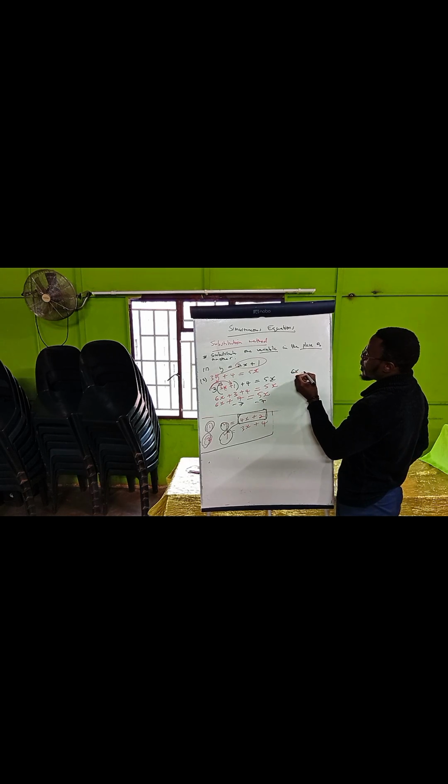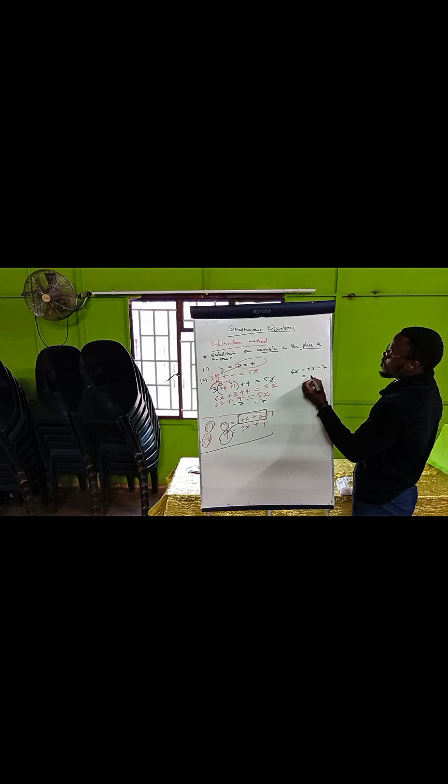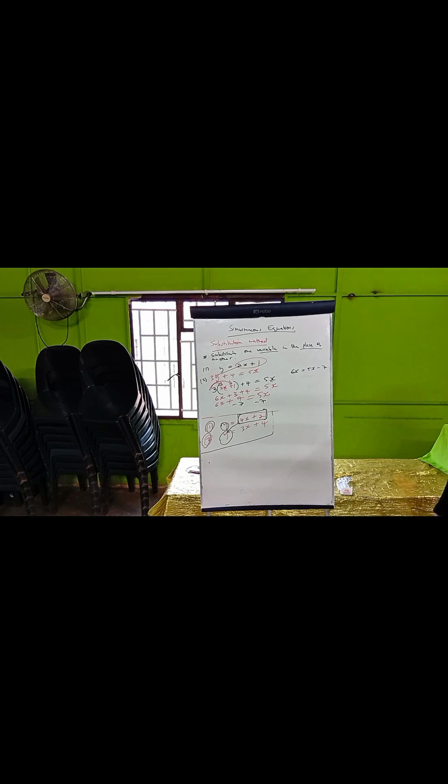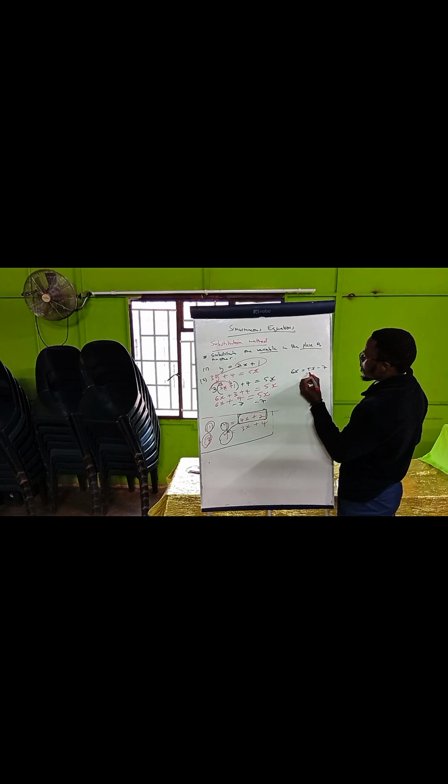I will have 6x is equal to 5x minus 7, and then I have no choice but to subtract. What's my next step? Minus 5x, exactly, minus 5x on both sides.